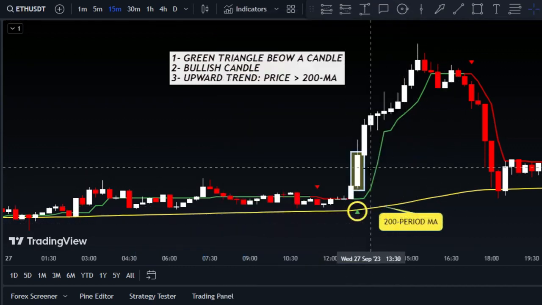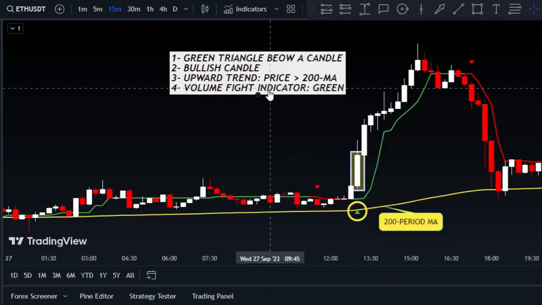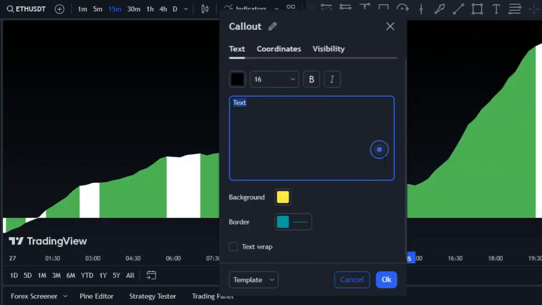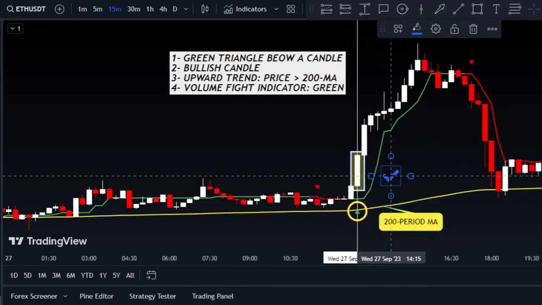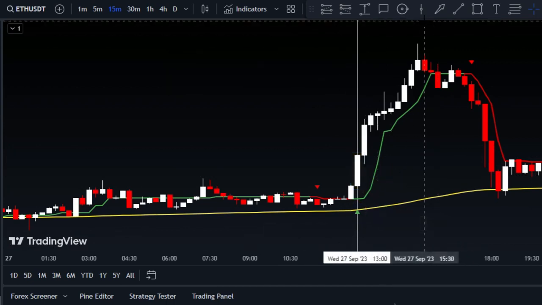And finally, make sure the volume oscillator showcases a green region corresponding to the signal candle. Once all these conditions are met, you're all set to enter a long trade.